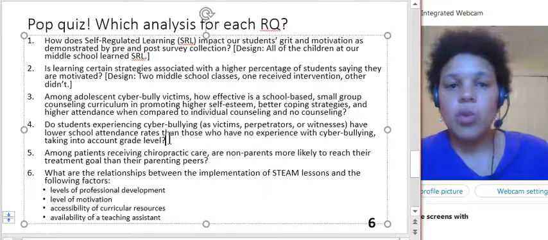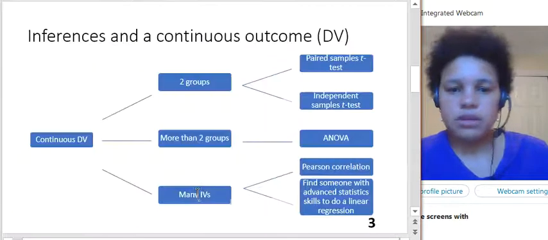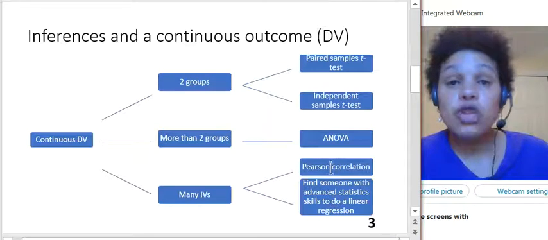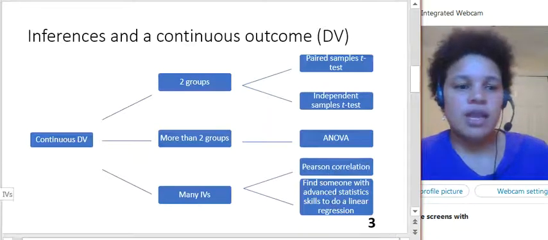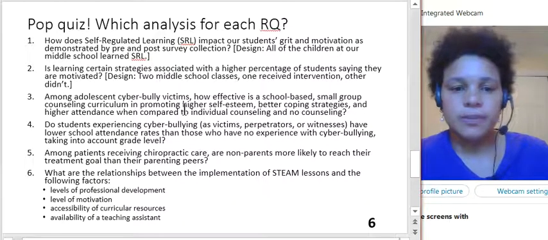When you have more than one independent variable, then you would do linear regression, right? Or find someone who could do linear regression. Or you could do a Pearson correlation and examine a correlation matrix. That's a basic statistical approach.